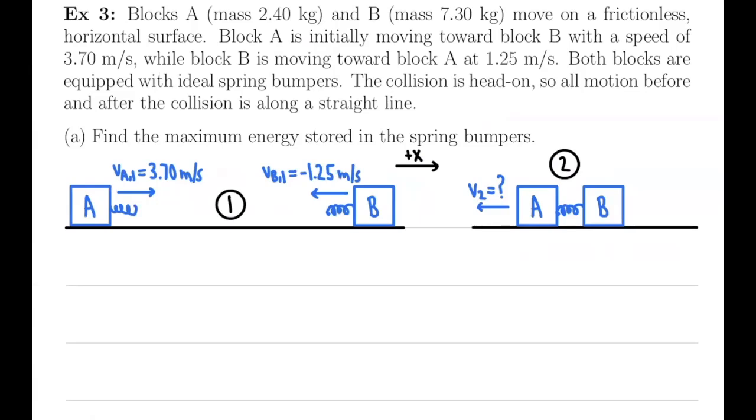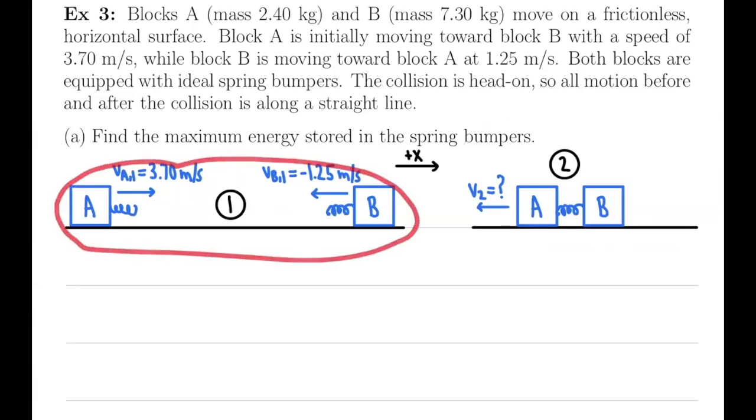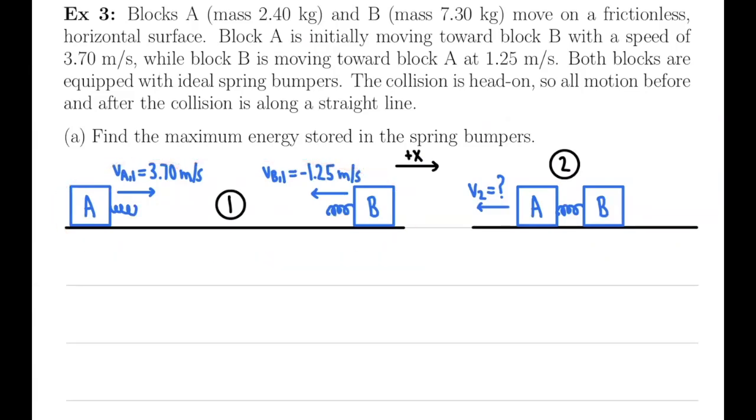So we have to use energy conservation. At 1, what kind of energy do we have? Do we have any gravitational potential energy? It doesn't look too high and mighty to me. This is all basically at y equals 0, so we don't have any gravitational potential energy. We definitely have kinetic energy, because both the blocks are moving.